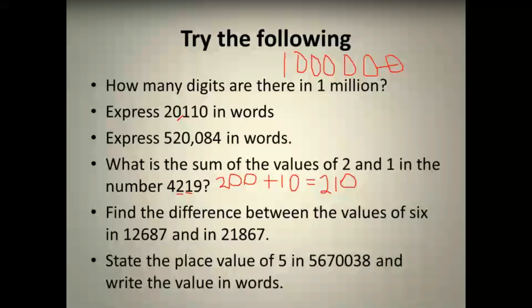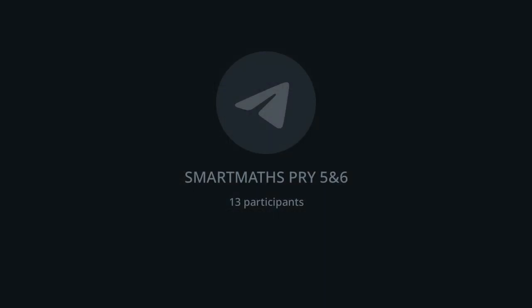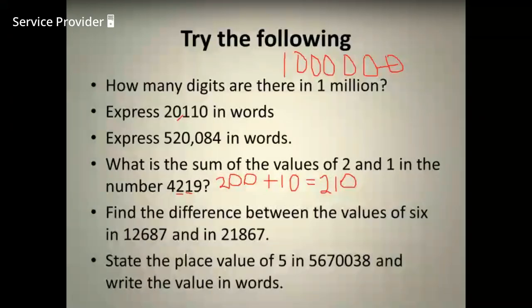Could be a challenge with him. Lawan, do you have an answer? The first thing you need to do is to identify the values of those 6s there. Then you do the difference.